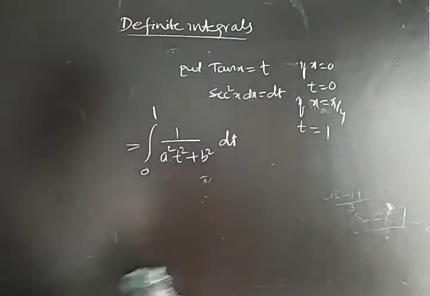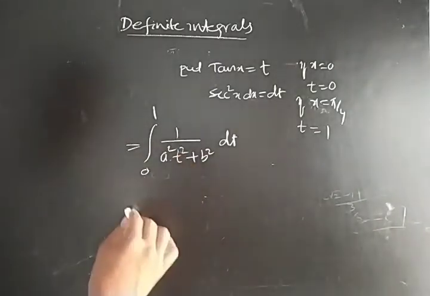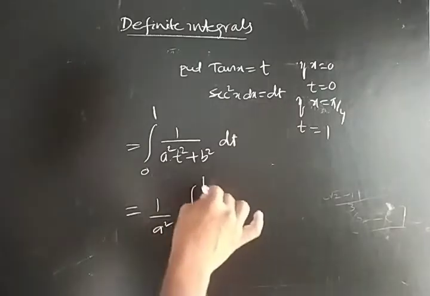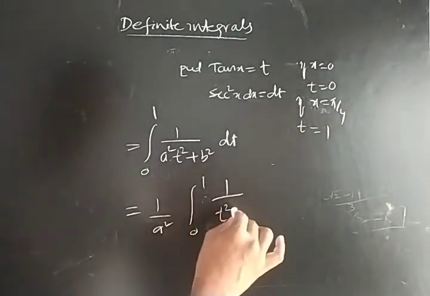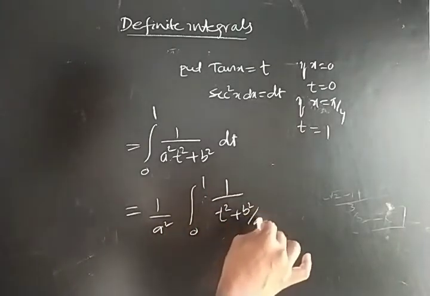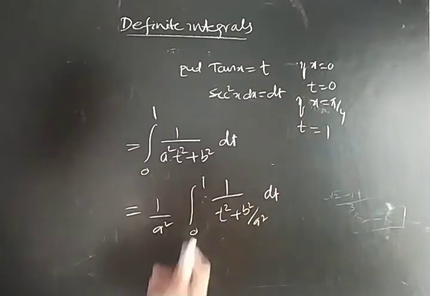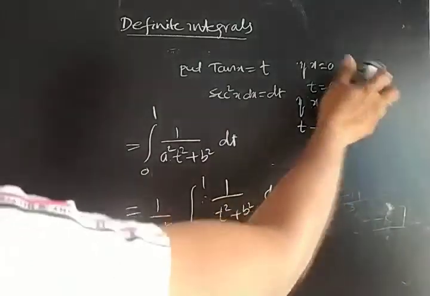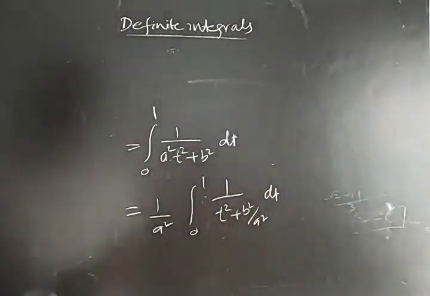Now here I am taking a square outside. 1 by a square I am taking common from the denominator. The integral from 0 to 1 becomes 1 by t square plus b square by a square dt. So it is in the form of 1 by x square plus a square. What is the formula? The integral of 1 by a square plus x square is 1 by a tan inverse x by a.